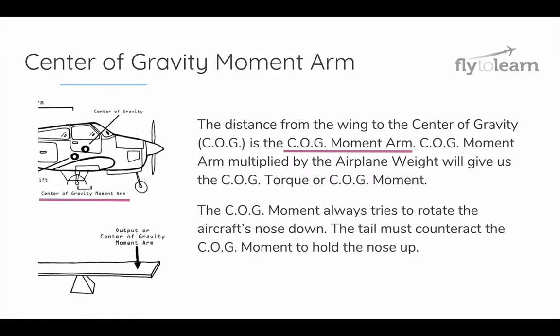COG moment arm multiplied by the airplane's weight will give us the COG torque, or COG moment. The COG moment always tries to rotate the aircraft's nose down. The tail must counteract the COG moment to hold the nose up.